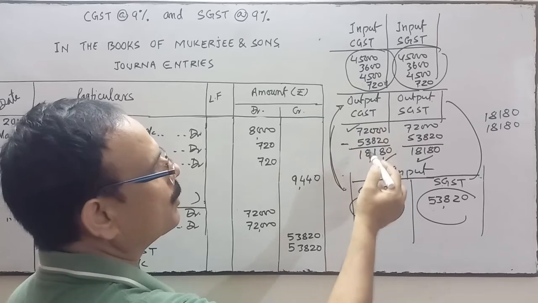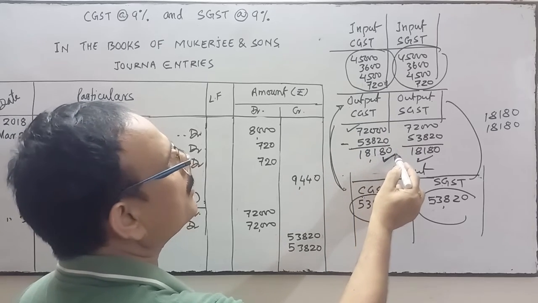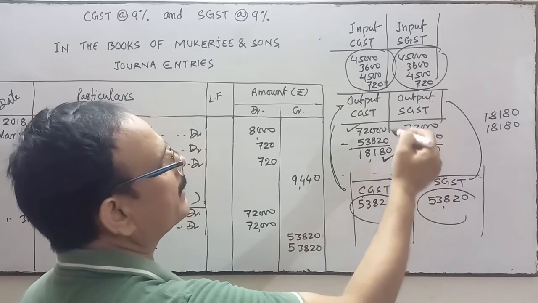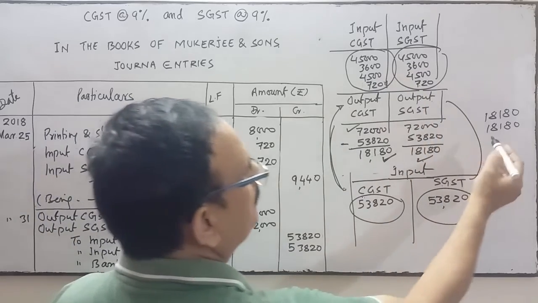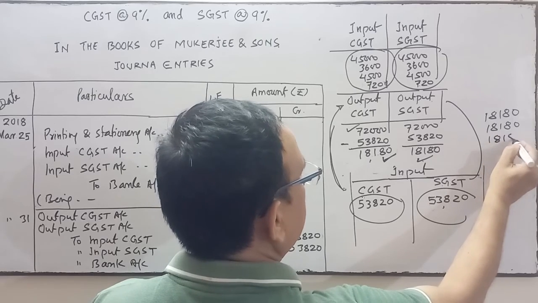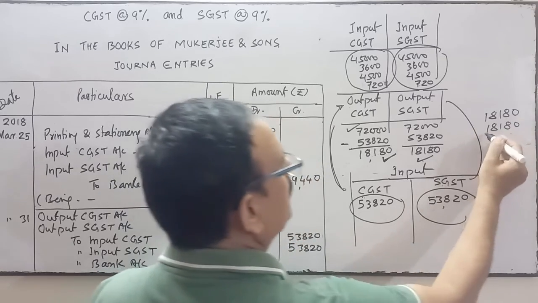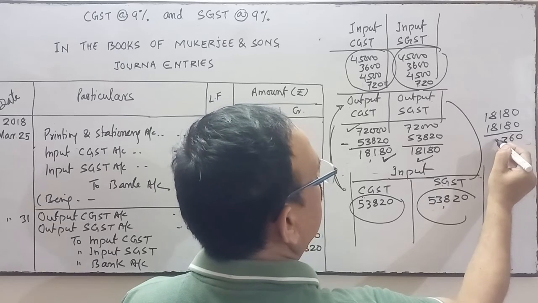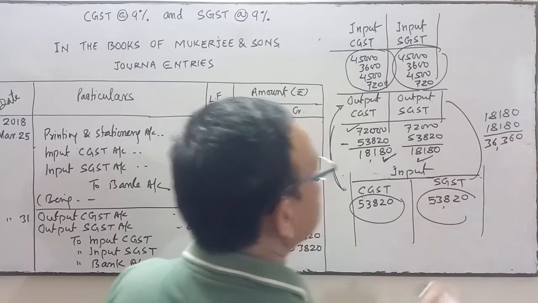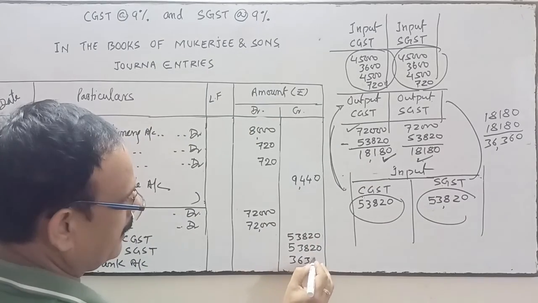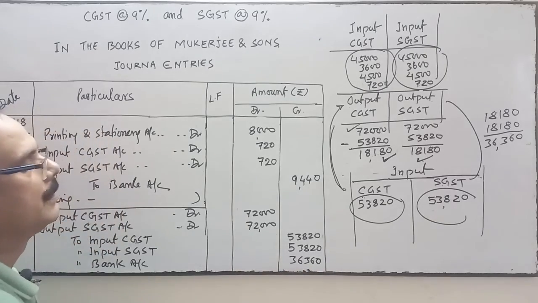Output CGST is more than input CGST by this amount, and output SGST is more than input SGST by this amount. So 18,180 and 18,180 makes 36,360.